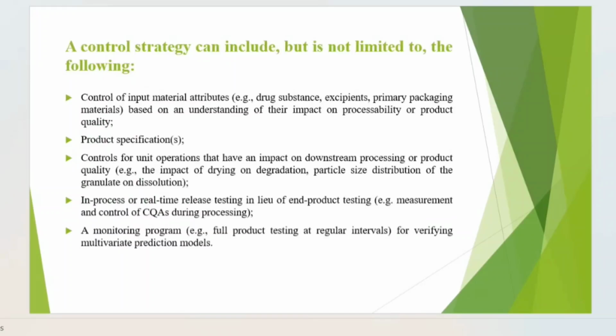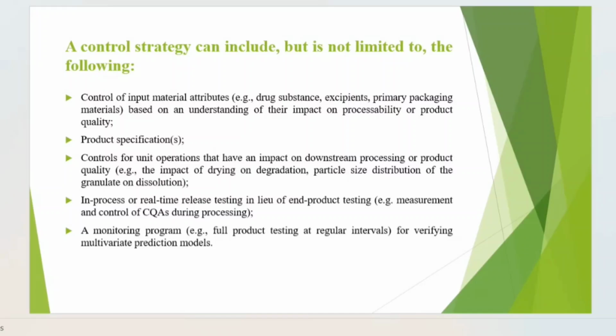Then a control strategy can include but is not limited to the following. Control of input material attributes, for example drug substance, excipients, primary packaging materials, based on an understanding of their impact on processability or product quality. So first we need to control the input material attributes.